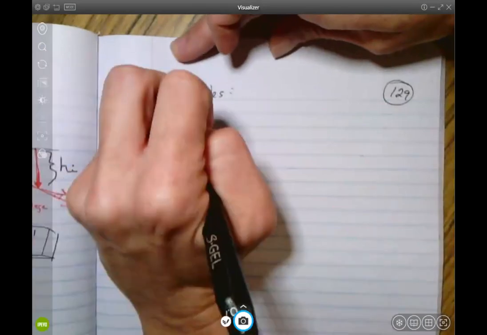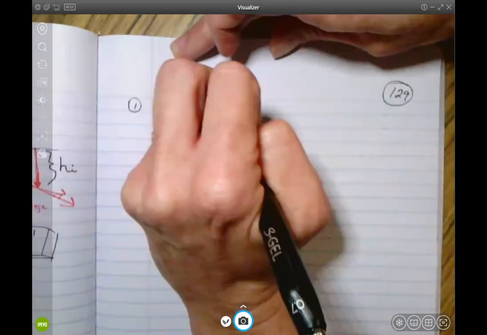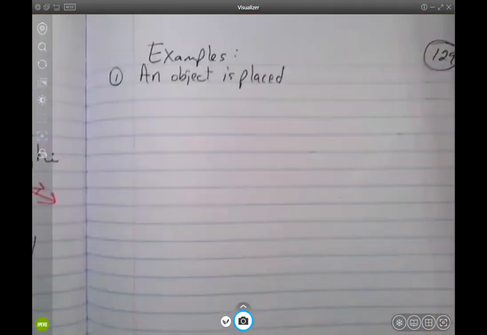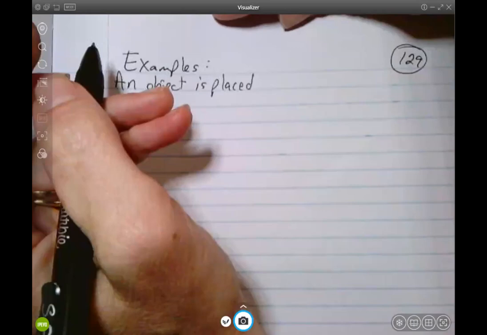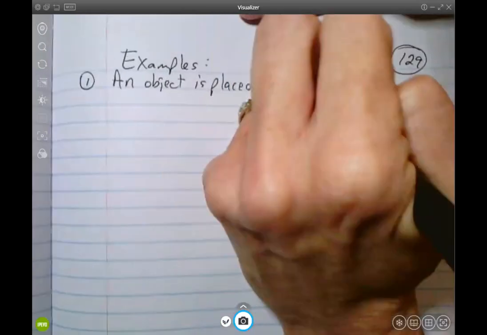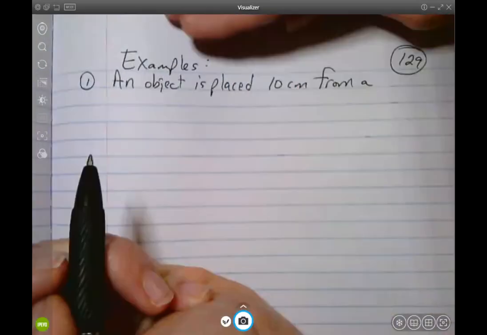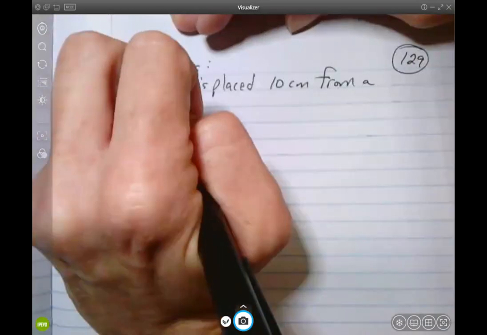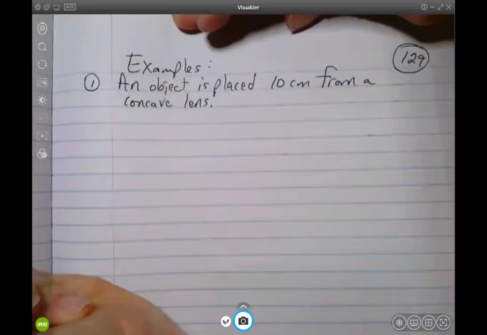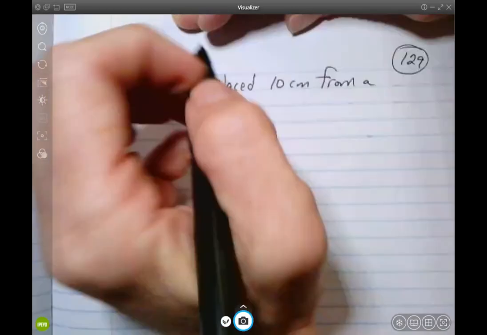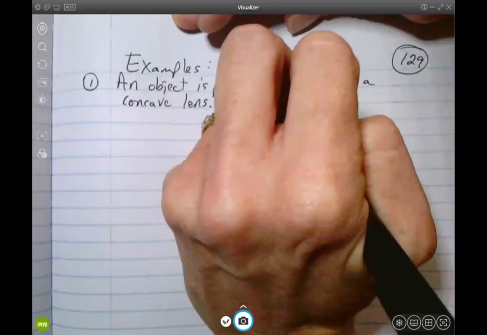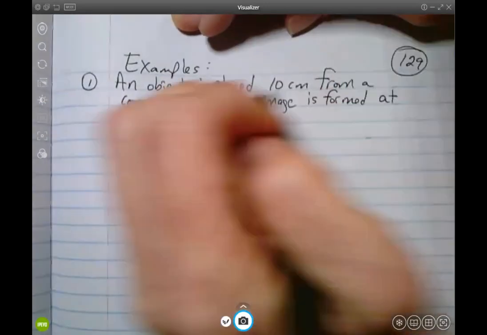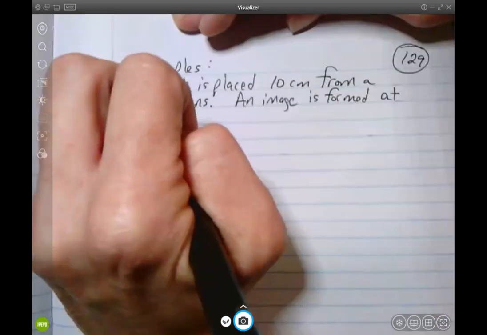An object is placed ten centimeters from a concave lens. An image is formed at -3 centimeters.